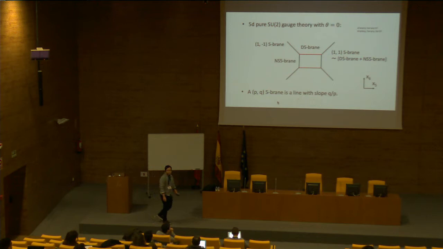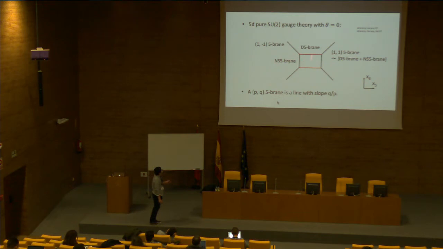So let's think about a simple example. This is a web diagram for pure SU(2) gauge theory with zero discrete theta angle. I chose the horizontal direction as the x5 direction and the vertical direction as the x6 direction. A horizontal line here represents a D5 line and a vertical line is an NS5 line.